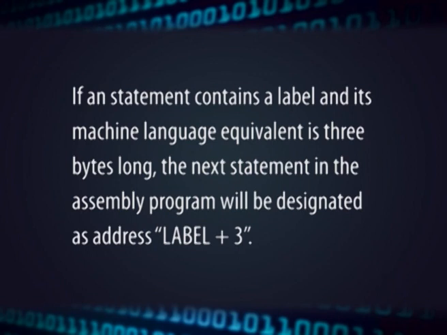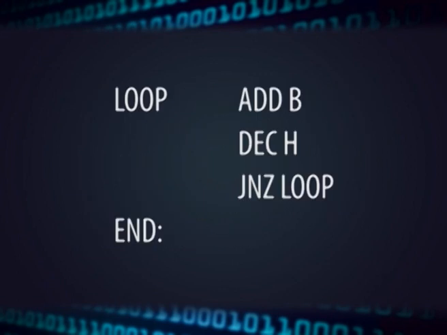For example, if a statement contains a label and its machine language equivalent is 3 bytes long, the next statement in the assembly program will be designated as being at address label plus 3. In the example of the assembly code, the instruction ADD B is 1 byte long.